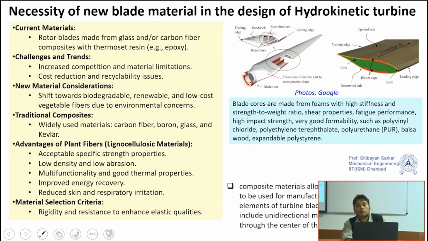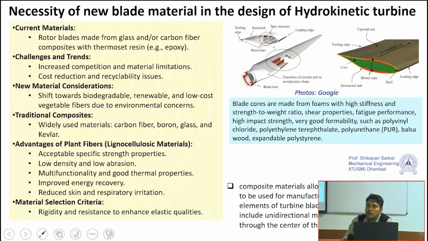Now, if you see all these things we have discussed, mainly we have discussed natural fiber or natural material, we have discussed different metals, and we have discussed composites and synthetic materials.